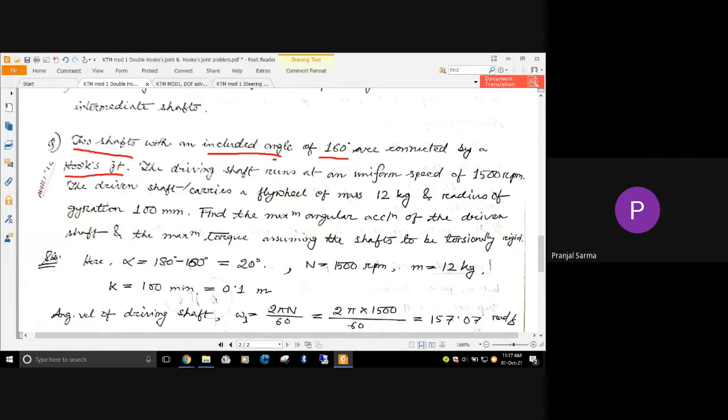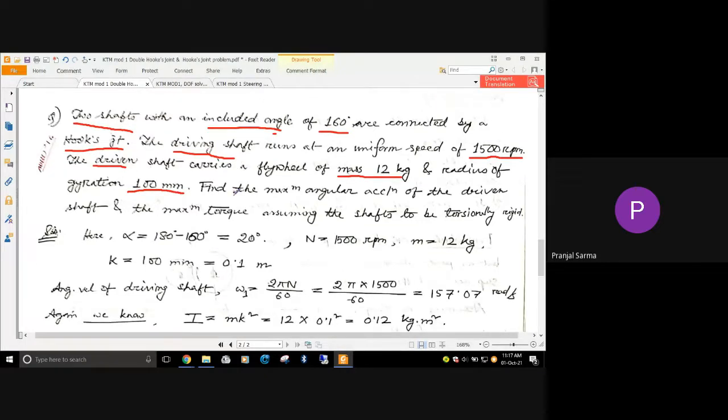The driving shaft is running at a uniform speed of 1500 rpm, and the driven shaft is carrying a flywheel of mass 12 kg and radius of gyration 100 mm. We have to find the maximum angular acceleration of the driven shaft.